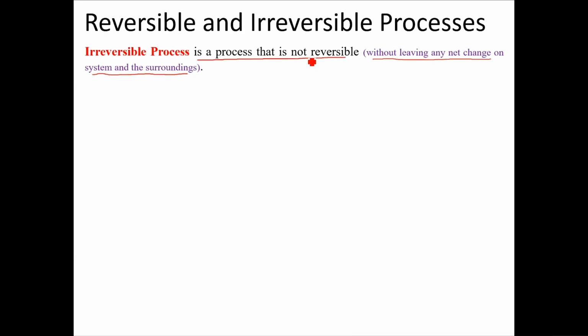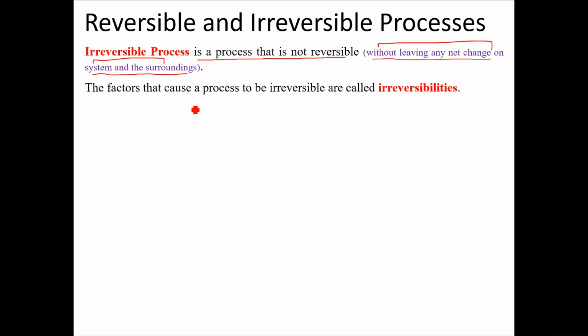You place it in the refrigerator, it would come back to 5 degrees centigrade. The process cannot be reversed without leaving any net change on the system and the surroundings. There has to be an effect on the system or the surroundings in order to reverse the process. We'll see how we define this irreversible process a little more in detail.